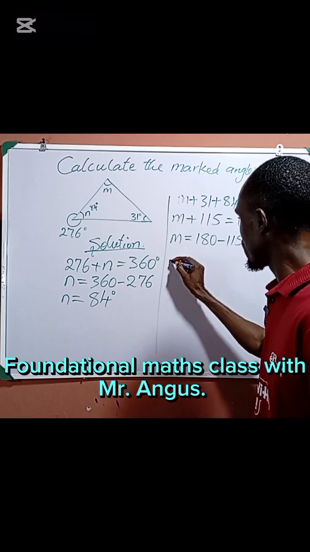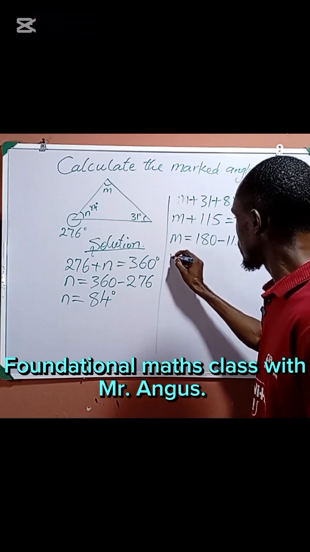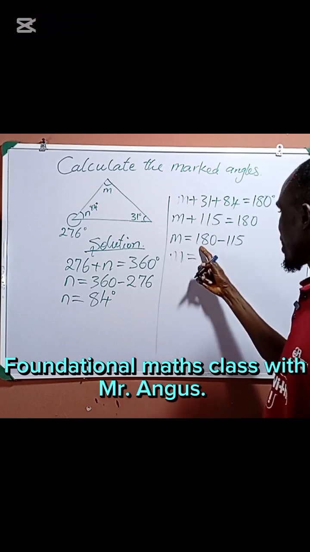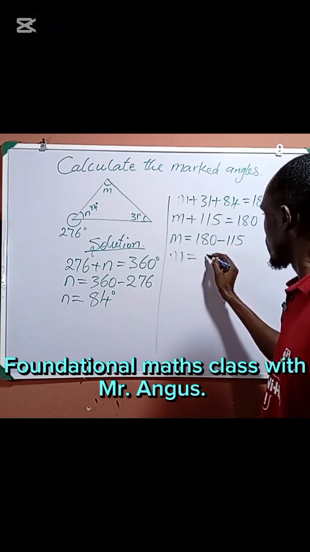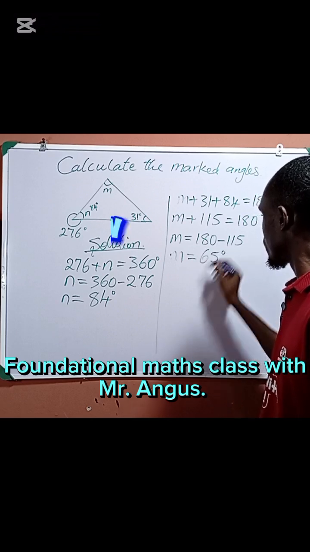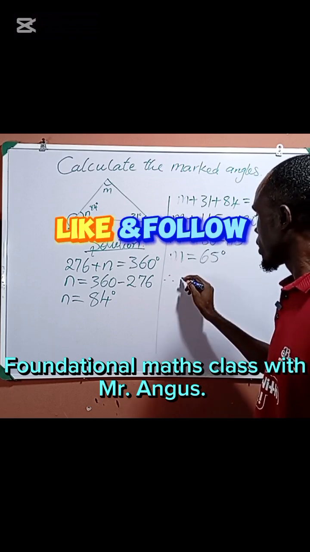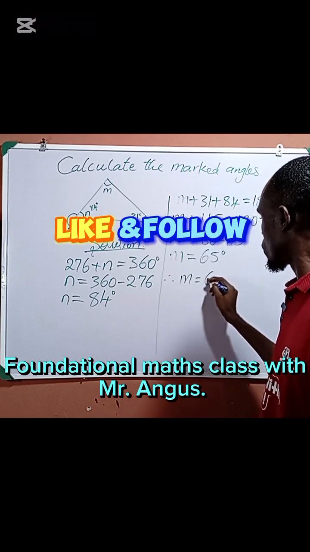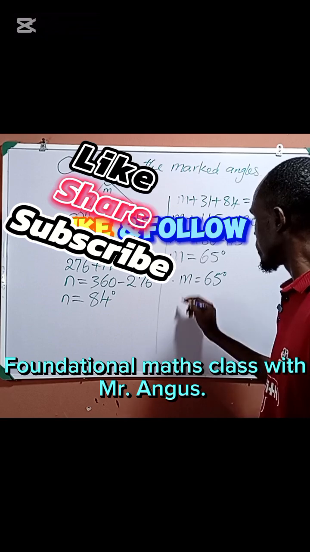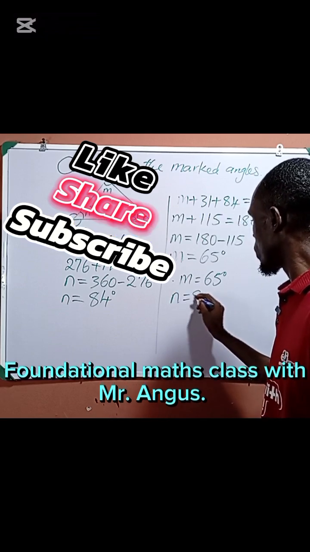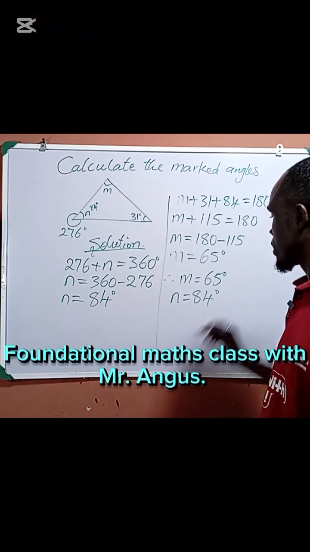Let us subtract. Finally, M is equal to 180 minus 115, which gives us 65 degrees. Therefore, M is equal to 65 degrees while N is equal to 84 degrees.